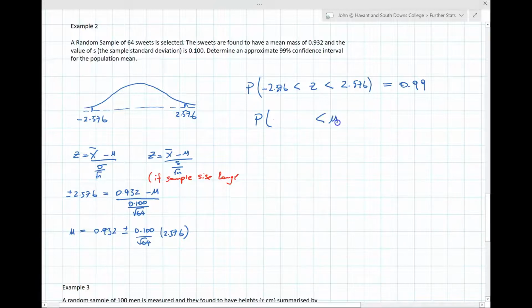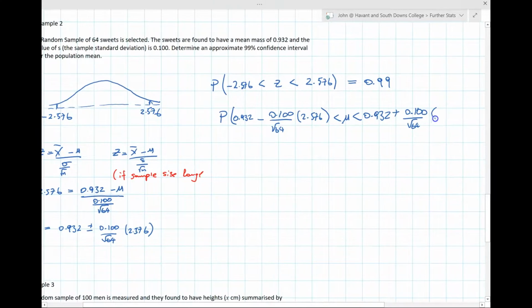So that gives us mu is between 0.932 plus or minus 0.100 over the square root of 64, times 2.576. It's not plus or minus this time, we're looking at the lower bound and the upper bound, where the upper bound is 0.932 plus this standard error, which we've multiplied by the appropriate Z value.